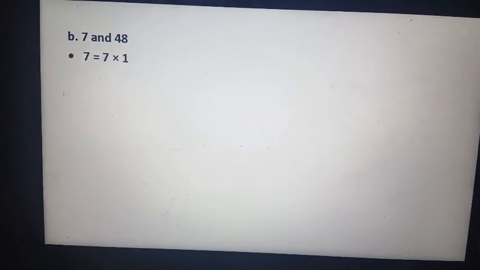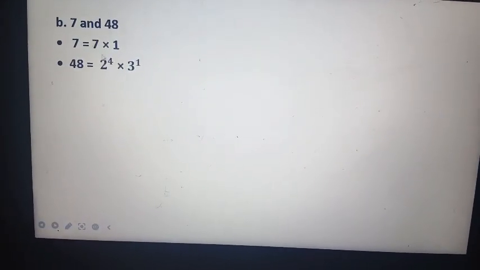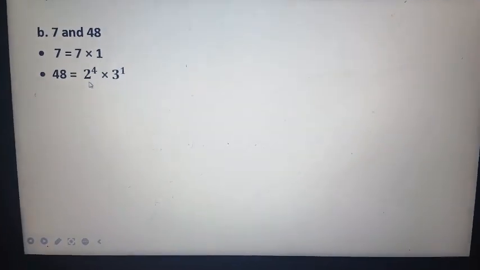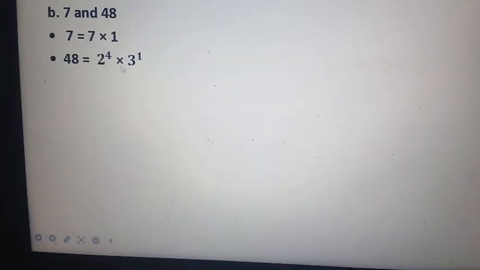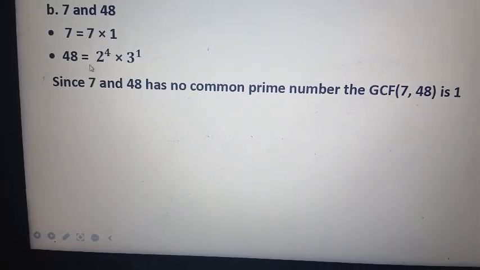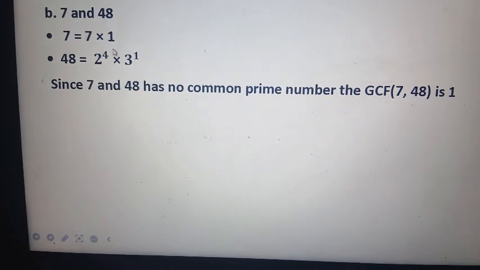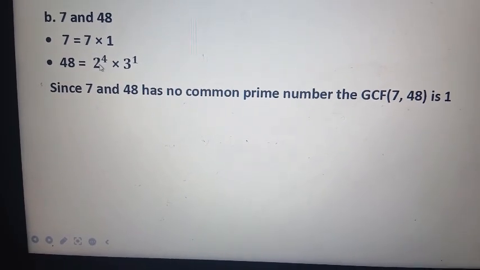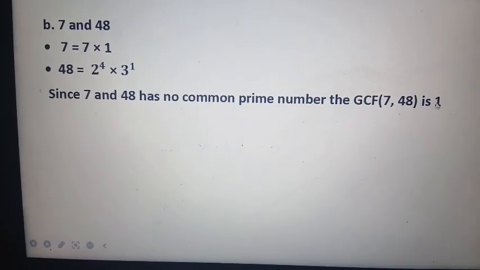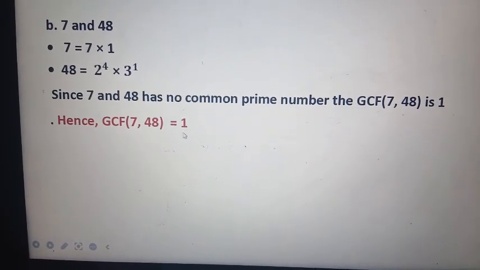Okay, for 7 and 48: 7 and 48 have no common prime numbers, so the GCF of 7 and 48 is 1.